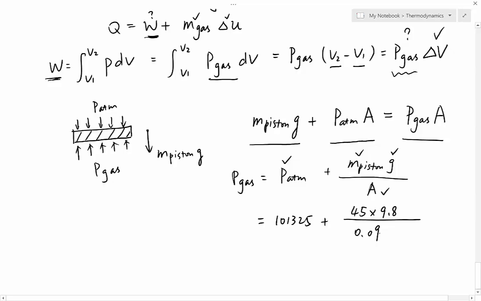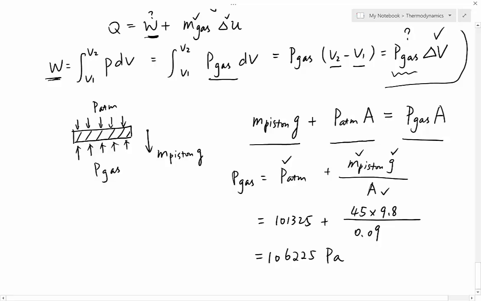Alright, so everything is given in SI unit, and do the calculation, the solution is 106225. Since we used SI unit for every parameter in the right-hand side, your solution will also be in SI unit. The SI unit for pressure is Pascal. Okay, so now we have pressure of the gas.